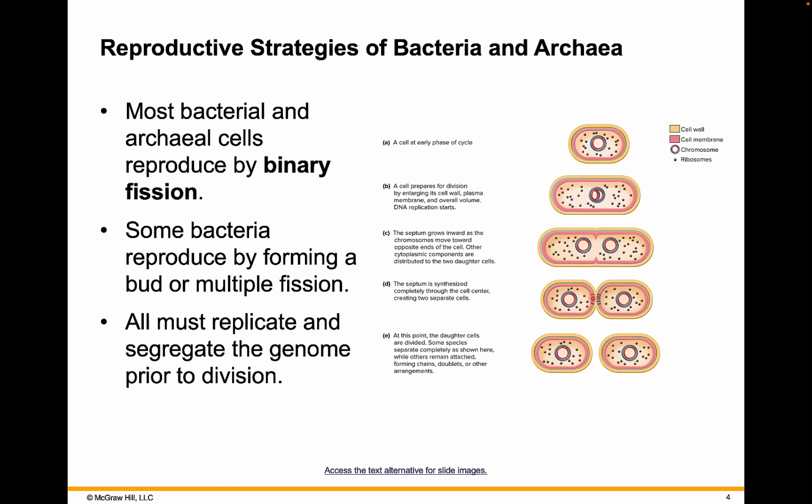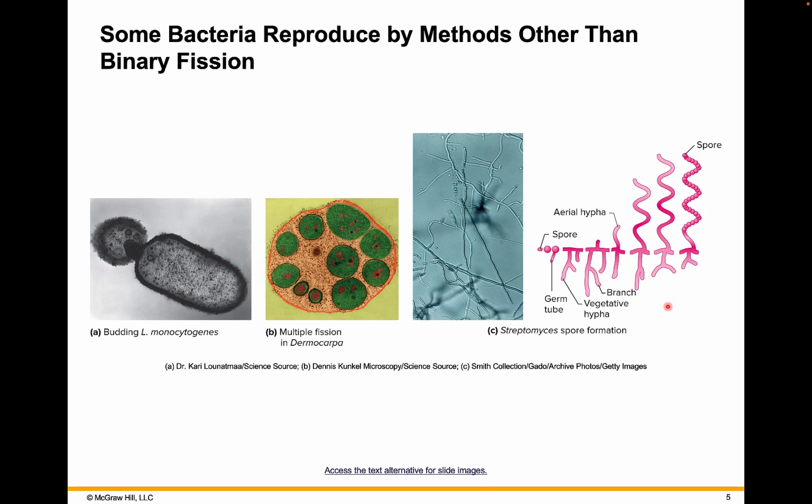The septum is synthesized completely through the center, and two daughter cells are produced. All of these must replicate and segregate the genome prior to division. So this is binary fission, the general reproductive strategy of the bacteria and the archaea.